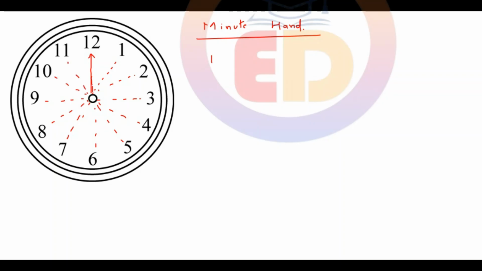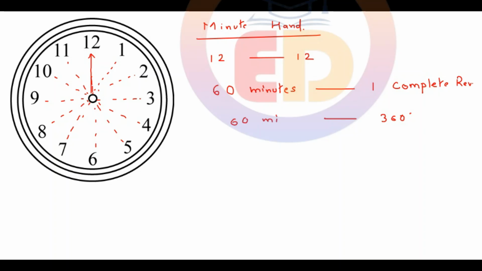So minute hand when starts from 12 and when it comes back to 12, it covers 60 minutes. 60 minutes is one complete rotation for minute hand. One complete revolution means 360 degree. So minute hand covers 360 degree in 60 minutes.